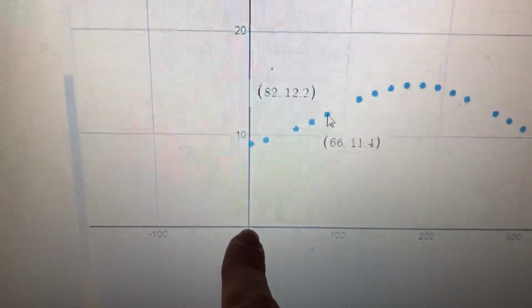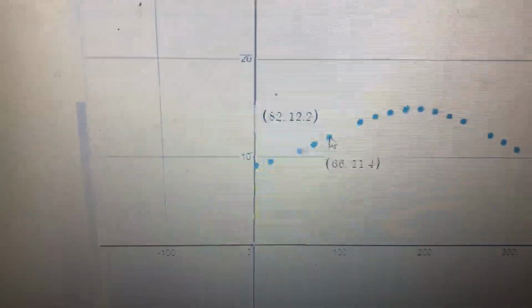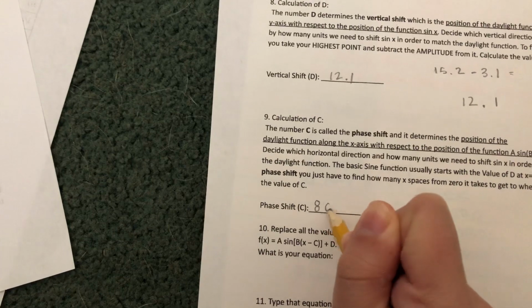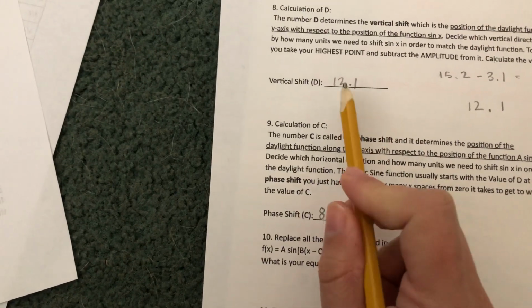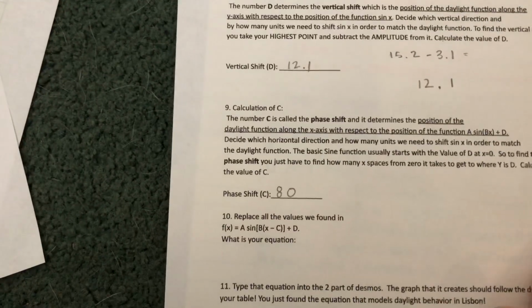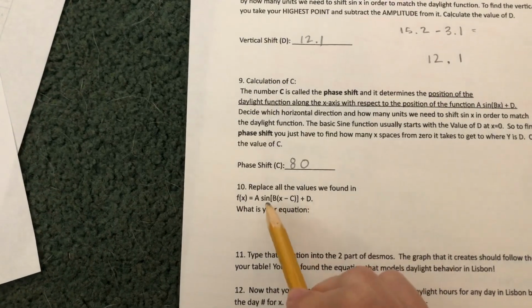So it went 80 positions here to find 12.1. So that means our phase shift is 80. Again, we're just finding where y equals 12.1 on the graph and then putting its x coordinate for our phase shift.